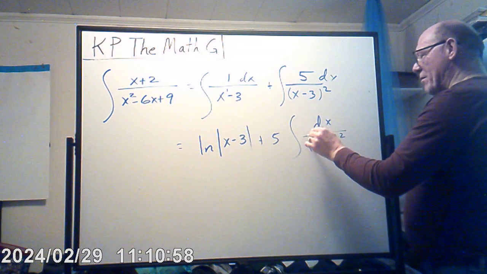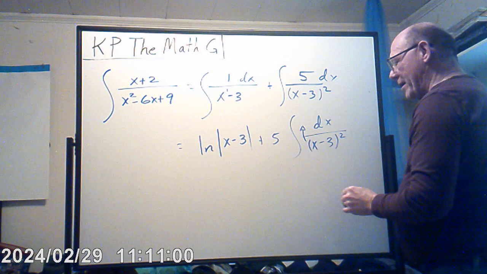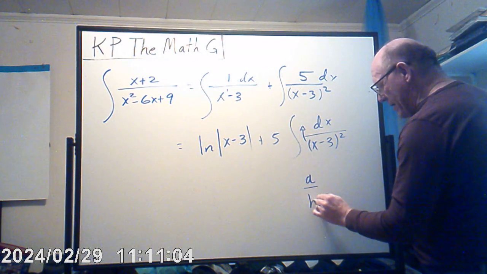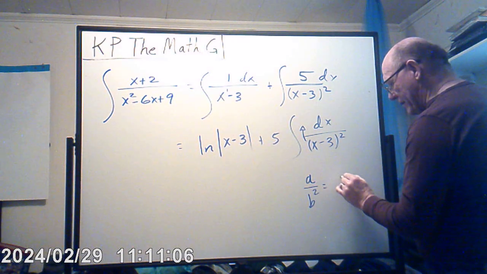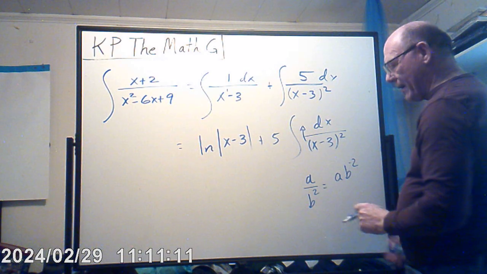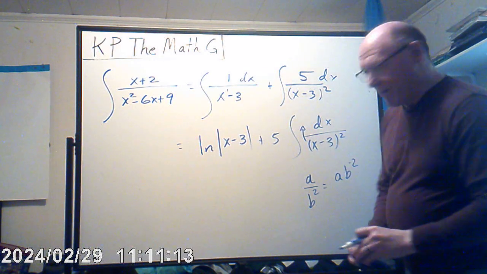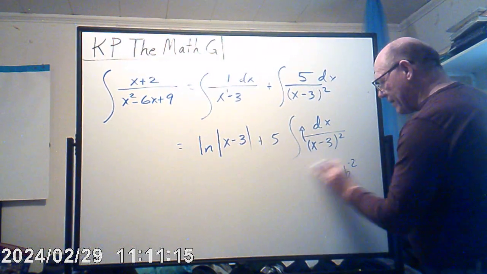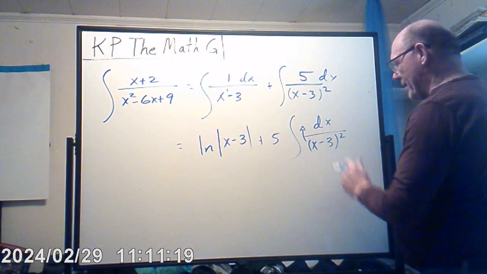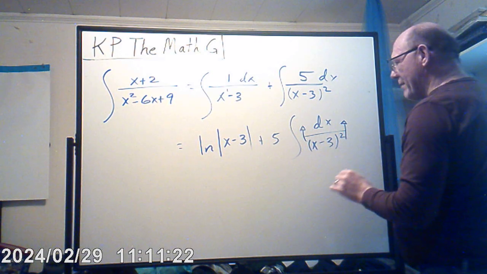Remember, if we have a power down here, we can bring it up here. Let's say a over b squared is equal to a b to the negative 2, isn't it? I can bring that b up, making the exponent negative.